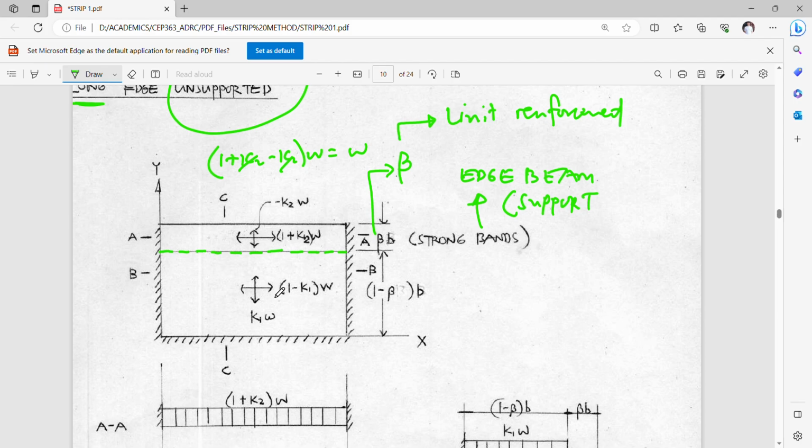And in this particular panel, so again, K1 plus 1 minus K1 will actually be equivalent to W because this will again cancel out. So in this particular parameter, this will tell us if this is directed upward.